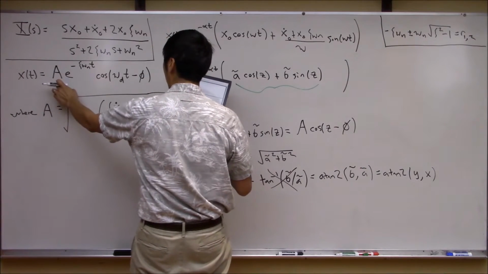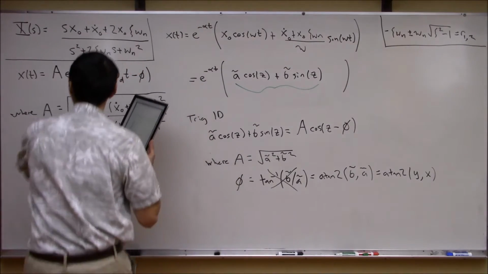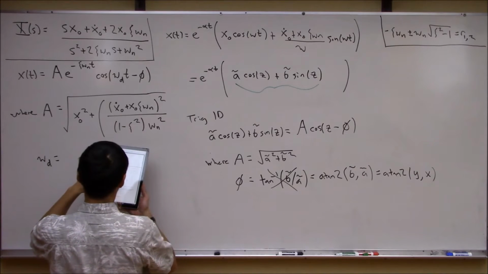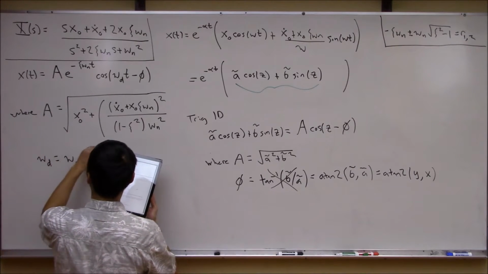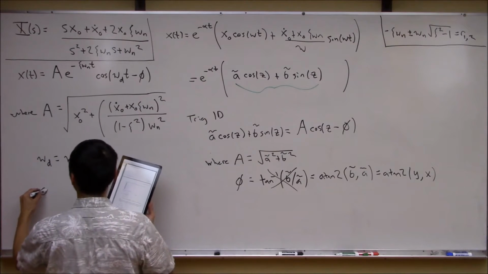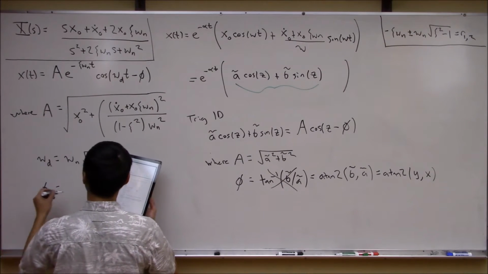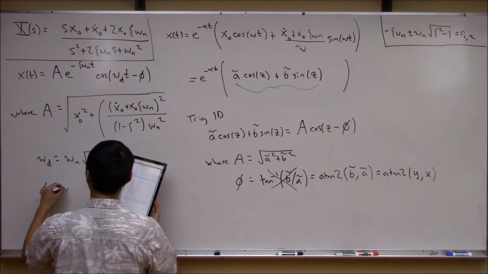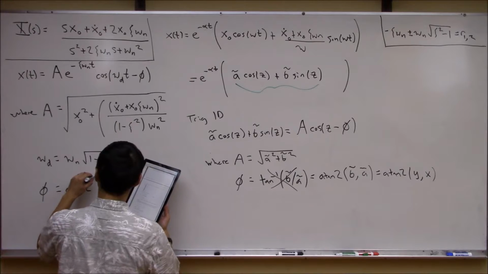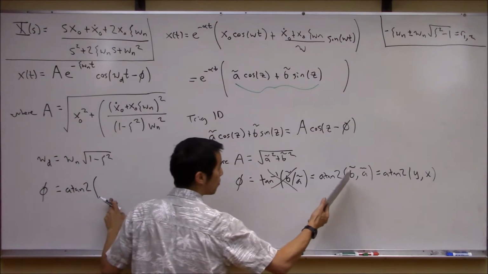Omega d is omega n times the square root of 1 minus zeta squared. And finally, this phase shift phi is atan2 of b tilde and a tilde.